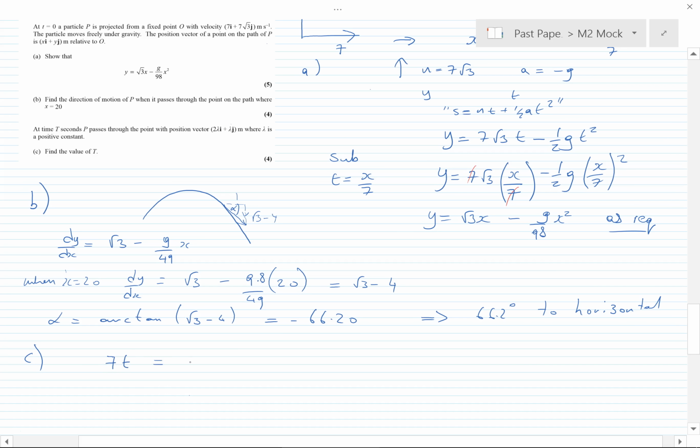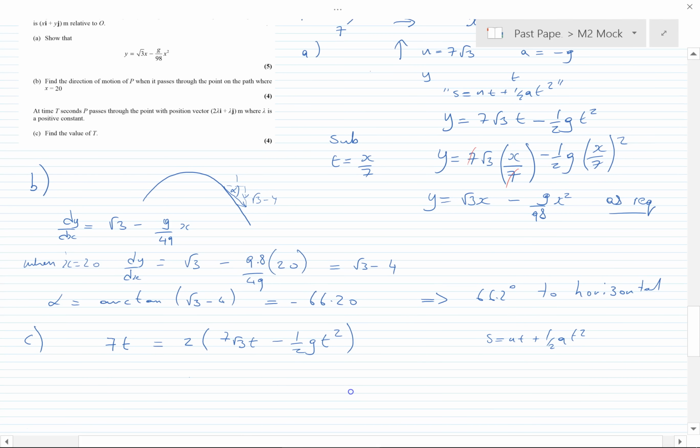Now that's going to be double whatever the y displacement is because of this ratio. For the y displacement we can work out just by using s equals ut plus half at squared, basically putting this formula back in, and we've already worked that out anyway, so that's 7 root 3 t minus a half g t squared.